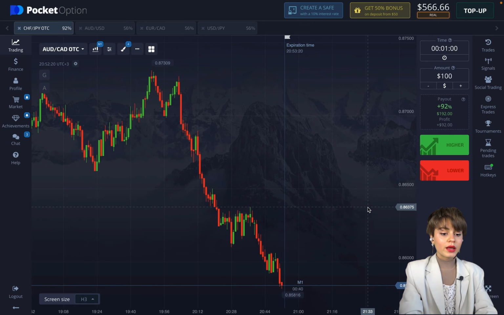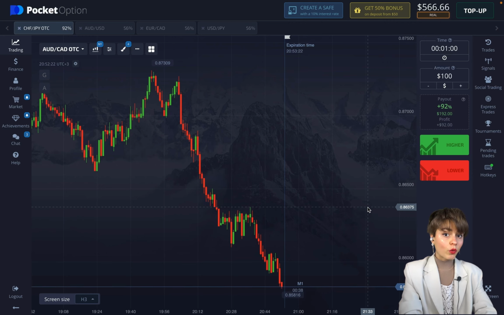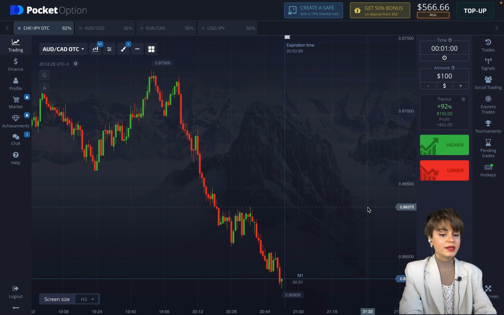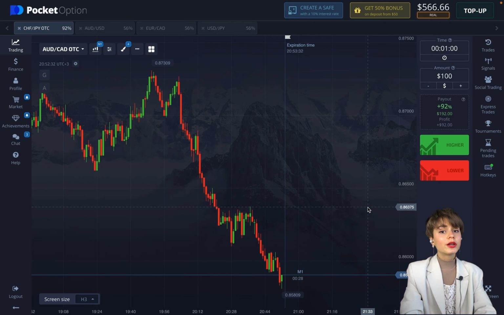A disadvantage of over-the-counter currency pairs is that you cannot check them, but trading on them is possible and even required sometimes.